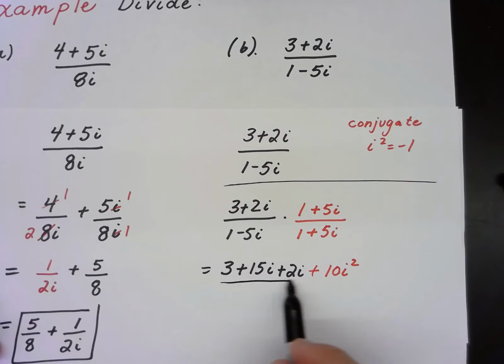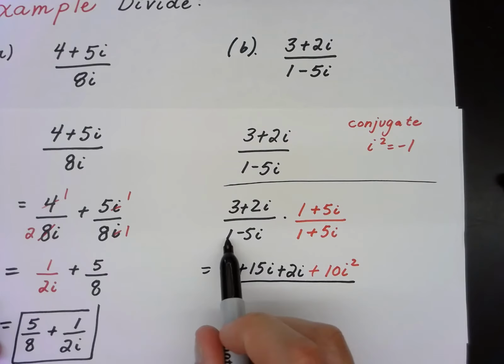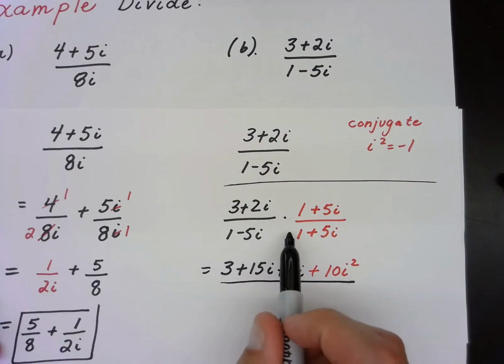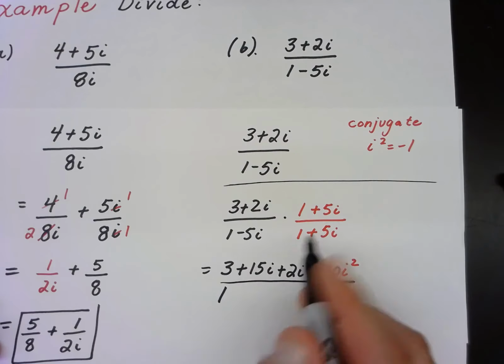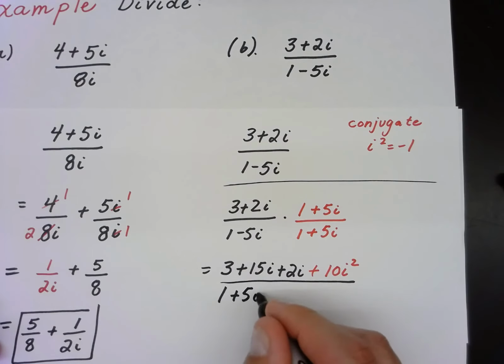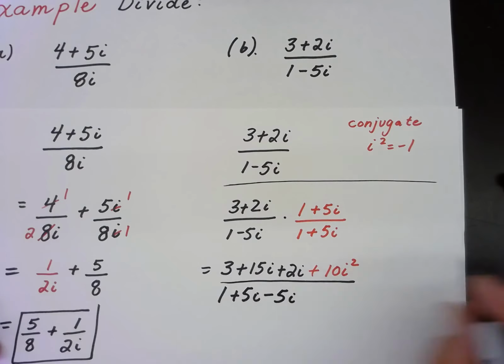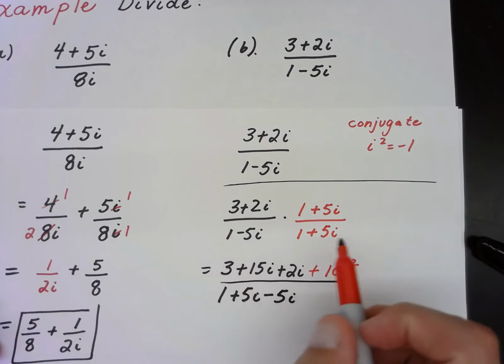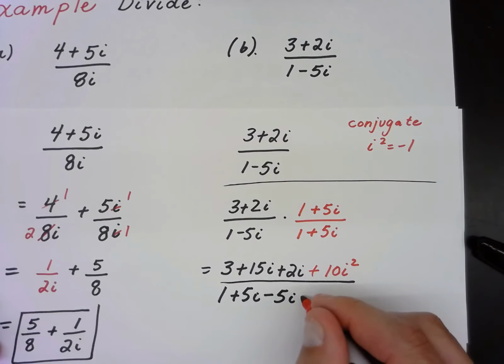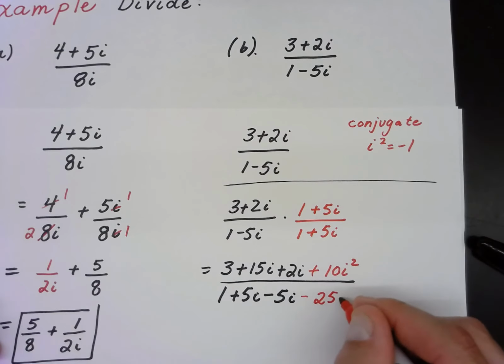And then I've got to multiply the denominator out. Same thing, distributive property. 1 times 1 is 1. 1 times 5i, 5i. Negative 5i times 1, minus 5i. And last but not least, negative 5i times 5i is negative 25i squared.